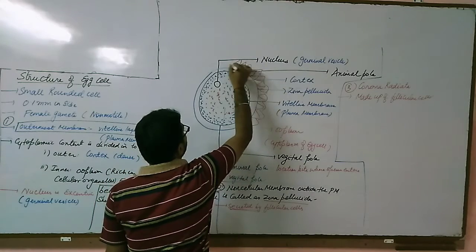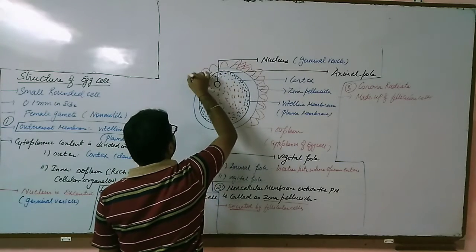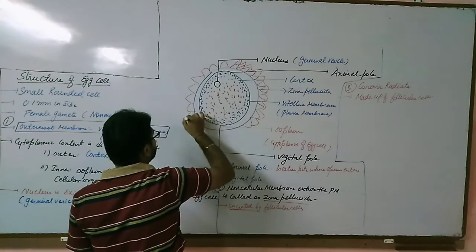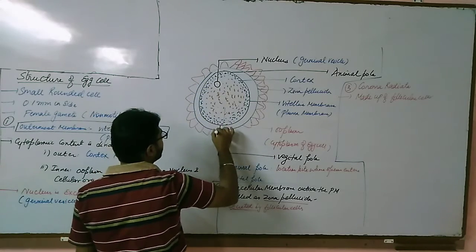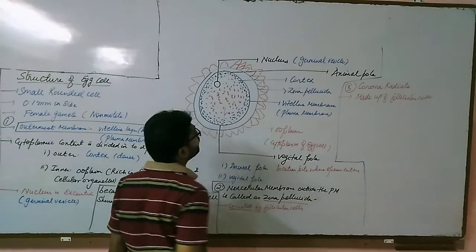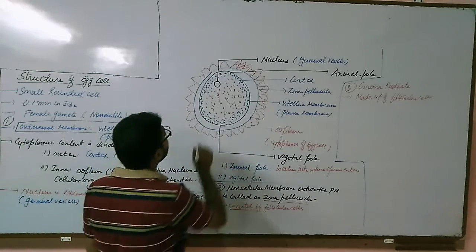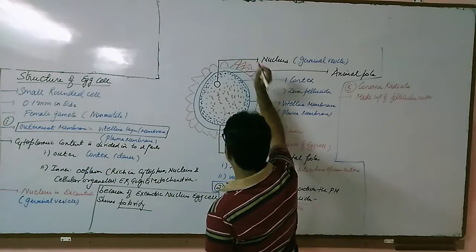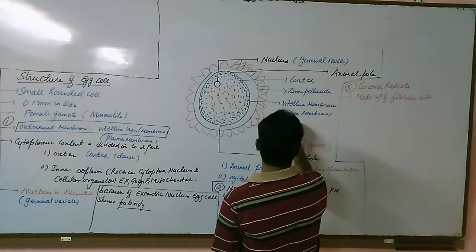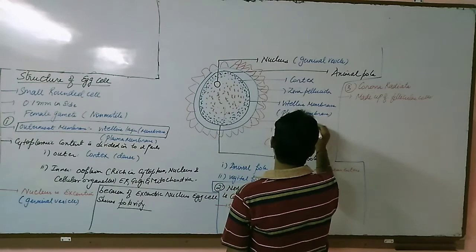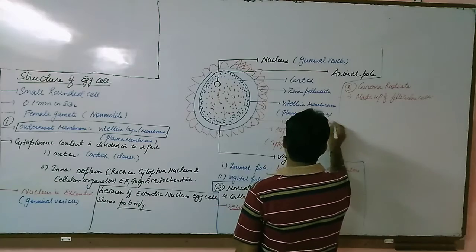So this is the structure of the corona radiata, a layer of cells which are radially located in the entire structure of the egg cell. So let us label it here, corona radiata.